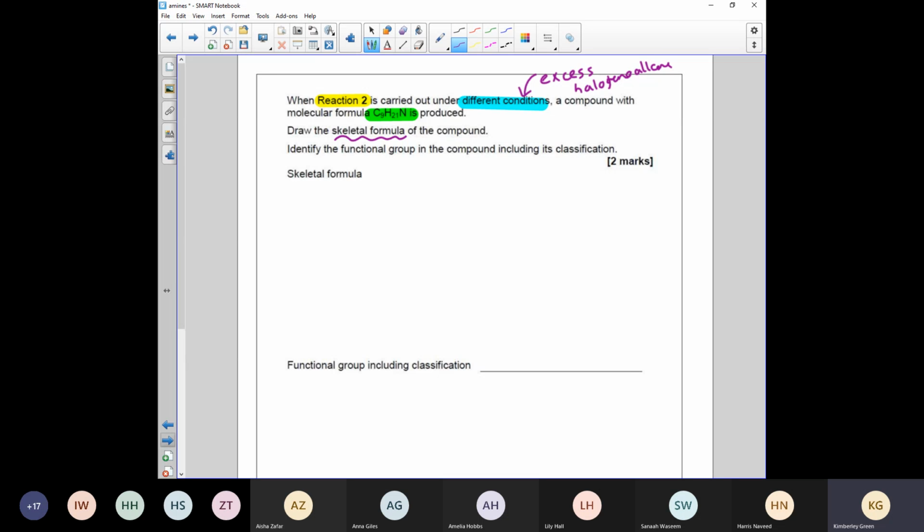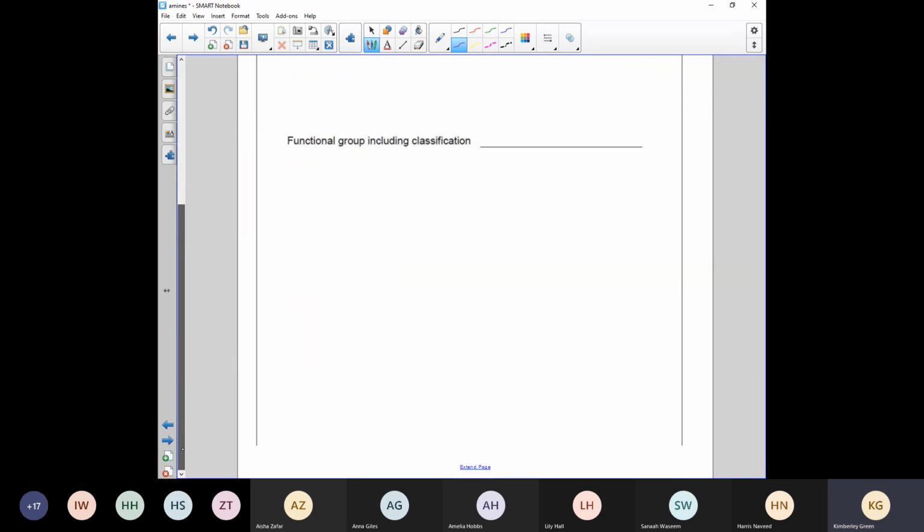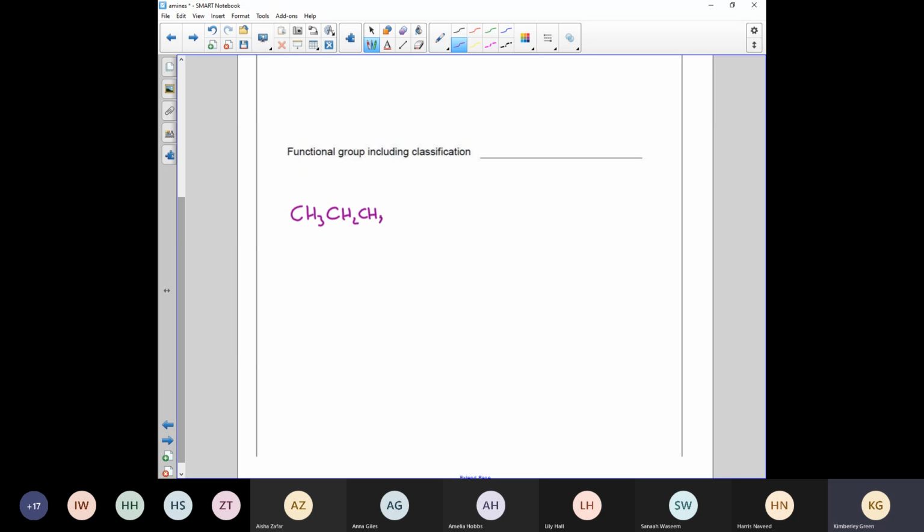Right, so what happens when we have excess halogenalkane? This is where further substitution occurs. So I've got a bit of a space underneath, so I am going to go down and go through some of the questions. So in our original mechanism, we had CH3CH2Br plus ammonia, and we made CH3CH2CH2NH2.